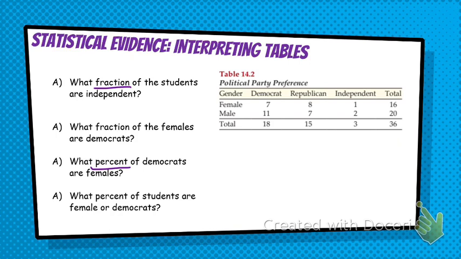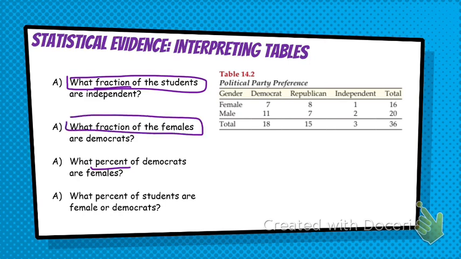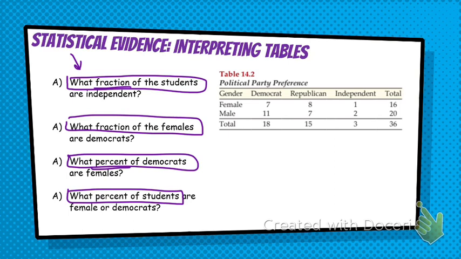What fraction of students are independents? The first part of this, and all of these, is going to basically give you your total. So you're going to be looking at the totals here. If we look at this first one, what fraction of students?